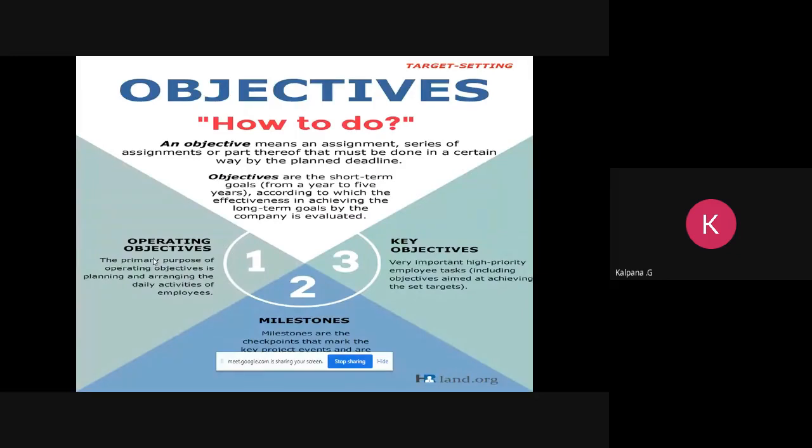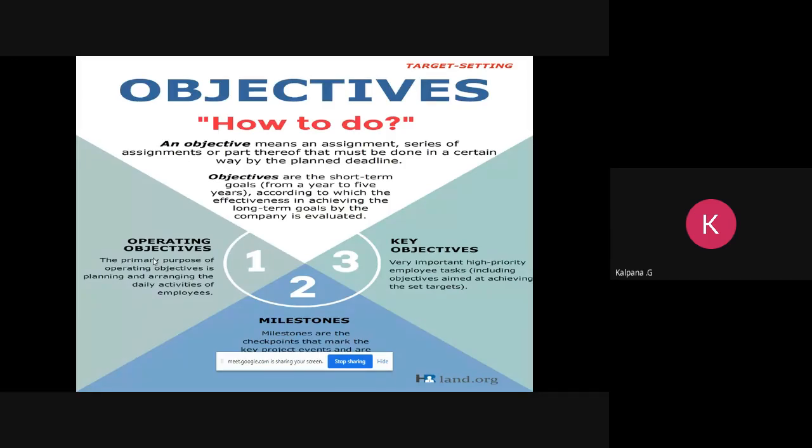The second one is all about milestones and key objectives. Let's have a look at the key objectives and then move on with the milestones. Key objectives are very important, high priority employee tasks, including objectives that aim at achieving the set targets. It is all about a particular area. The other day I was talking about the key result areas, isn't it?